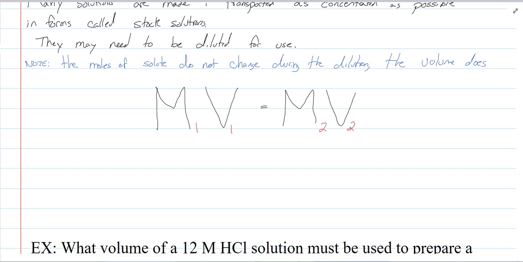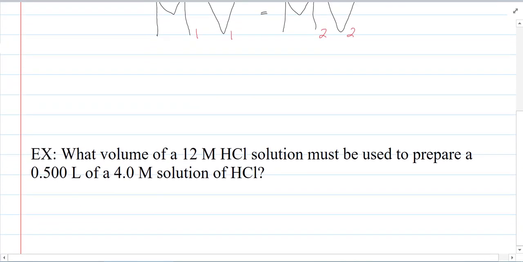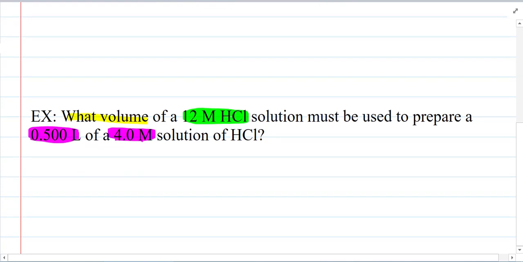So here's an example problem. What volume of a 12 molar solution of HCl, there's my concentrated HCl solution, must be used to prepare a 0.5 liter solution of 4 molar HCl? So it's a dilution. There's no chemical reaction.